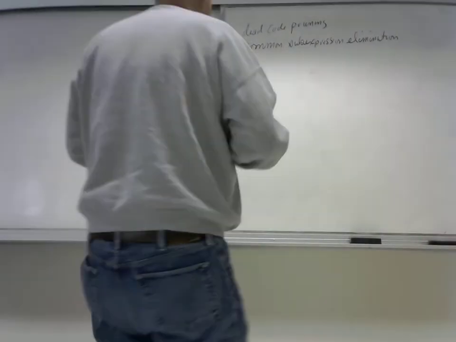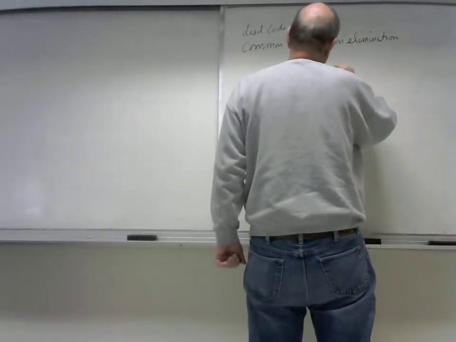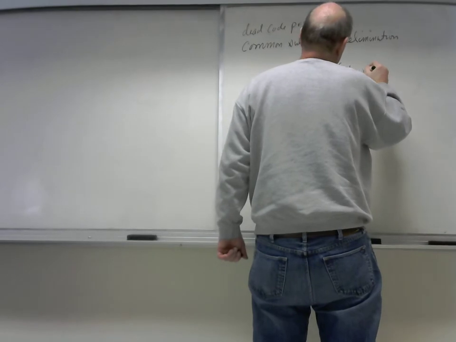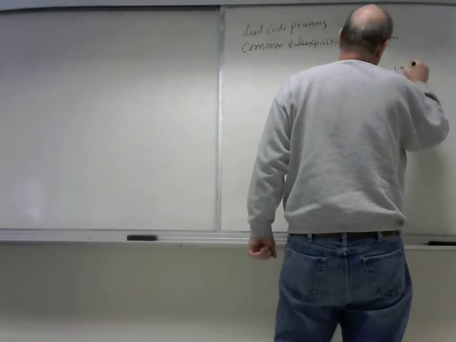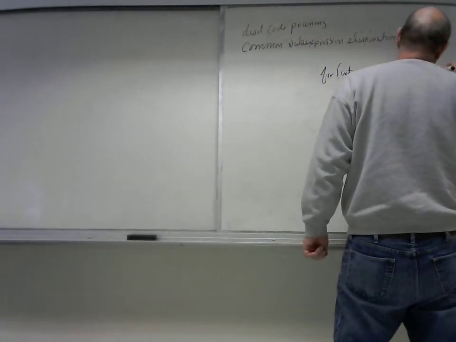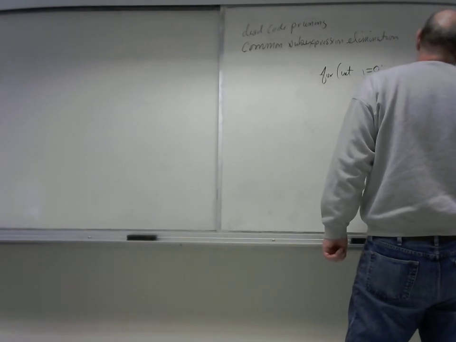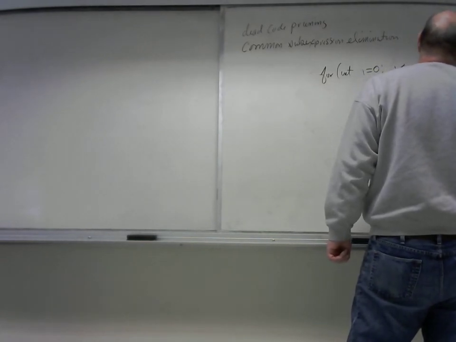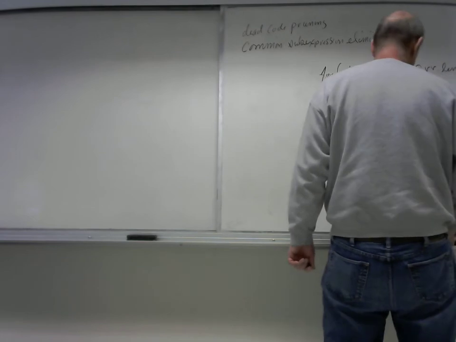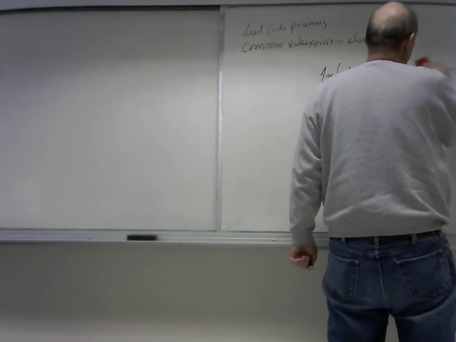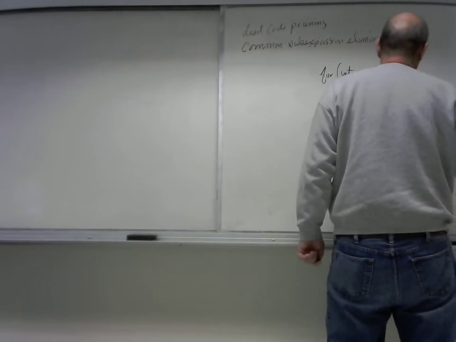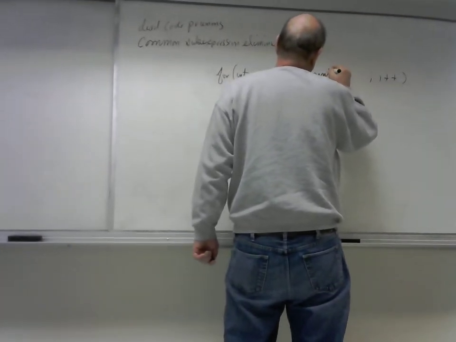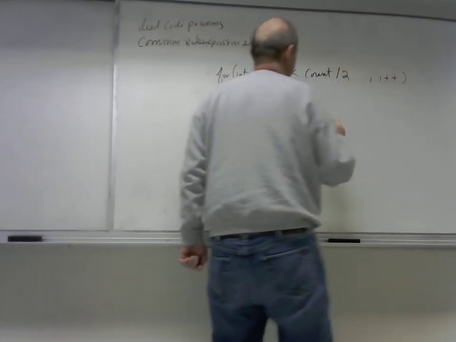So the classic example is something like for i = 0, i less than array.length or size, i plus plus, which is a function call, or something like count over 2.